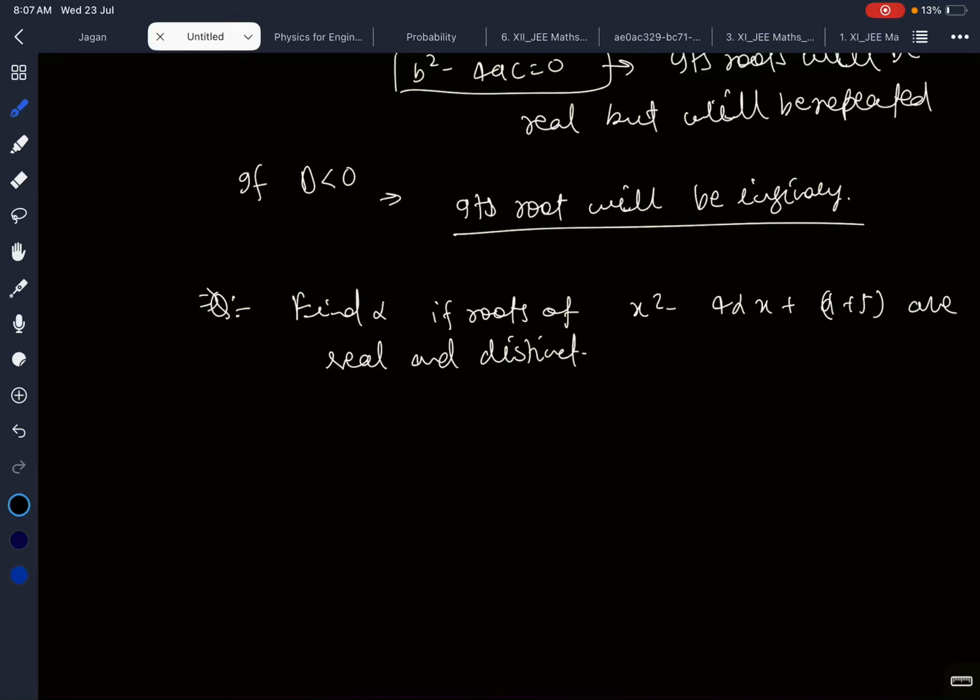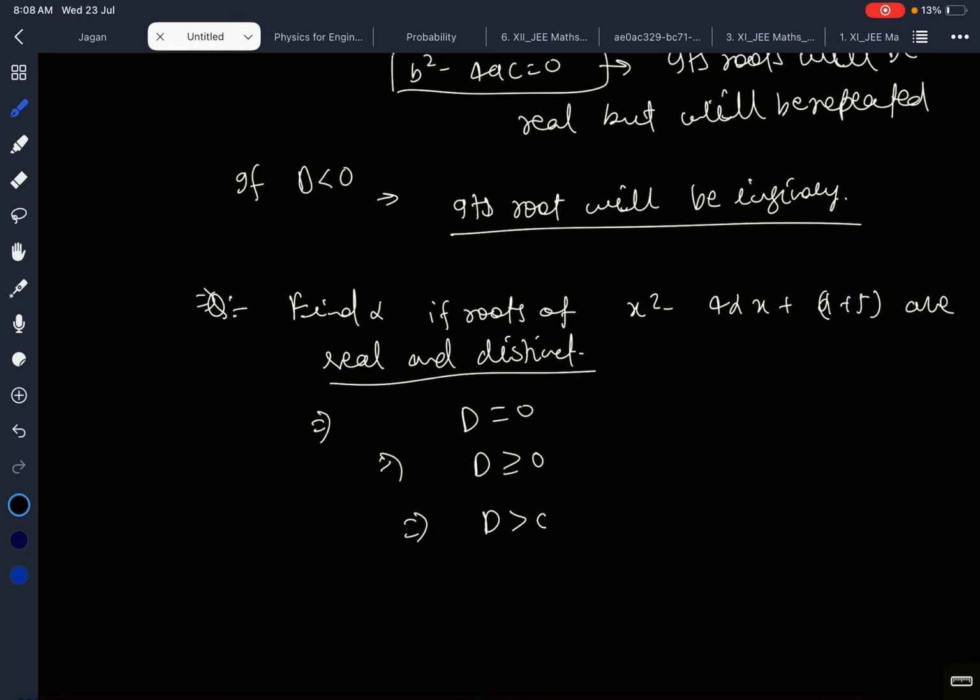We need to calculate value of alpha if its roots are real and distinct. So what does that mean? If the roots would have been real and equal, then we would have done d is equal to 0. If the roots would have been just real, we would have done d greater than or equal to 0. But here we are asked roots are real and distinct. Okay, so here we will be using d greater than 0.